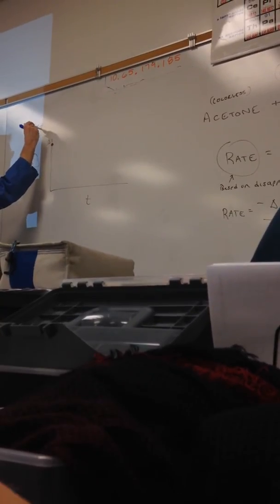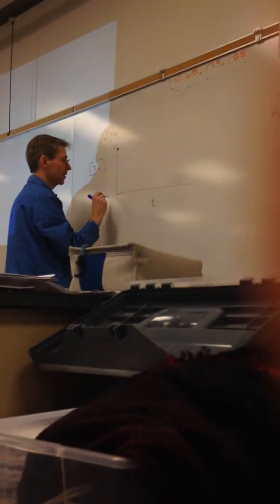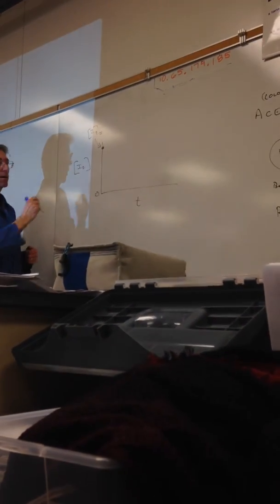There's no difference. In other words, if I were to graph the iodine, here's my iodine, here's time. Okay, it starts off right there. That's my initial iodine. And let's say this is 0 down here.